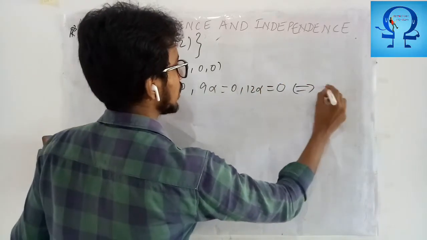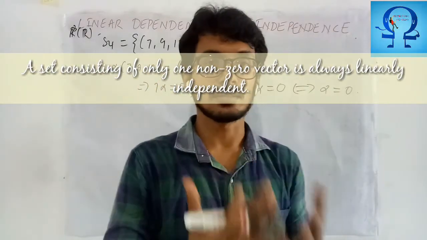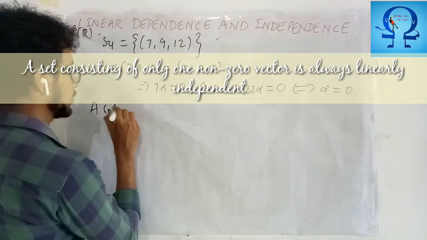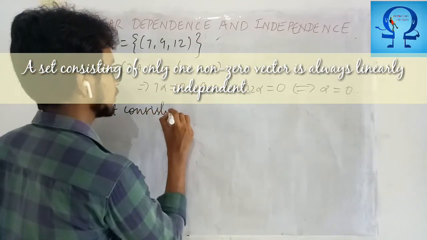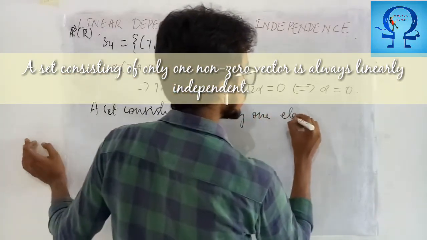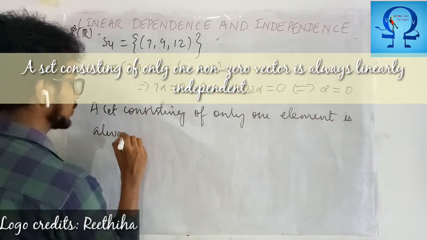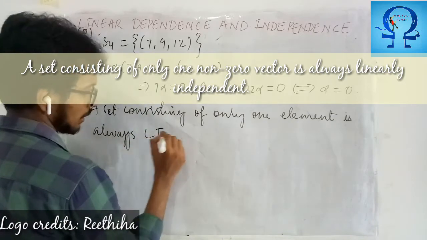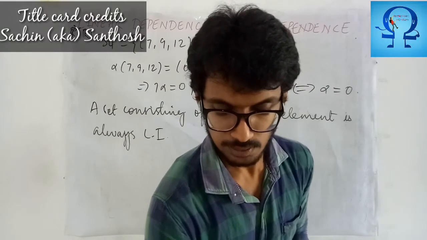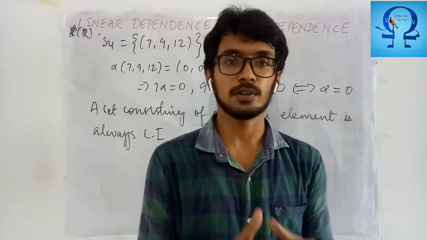This is possible only if alpha is 0, right? So in this case, my scalar is always 0. Here what you can remark, a set consisting of only one element is always linearly independent, right?